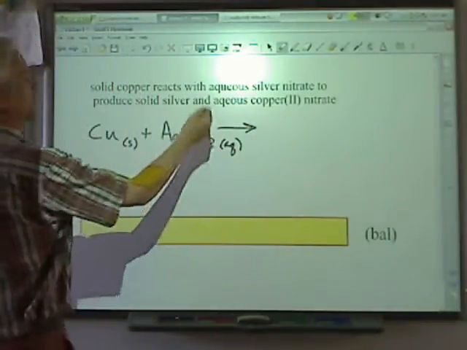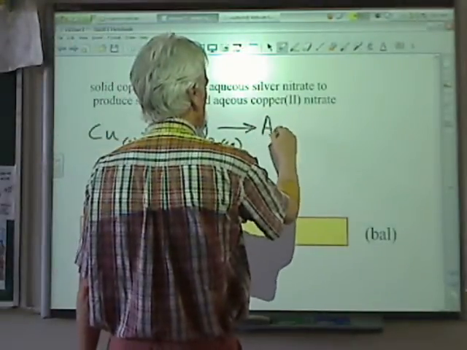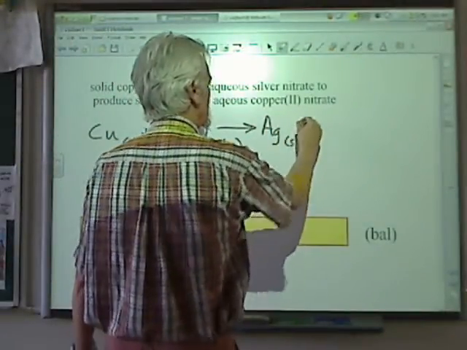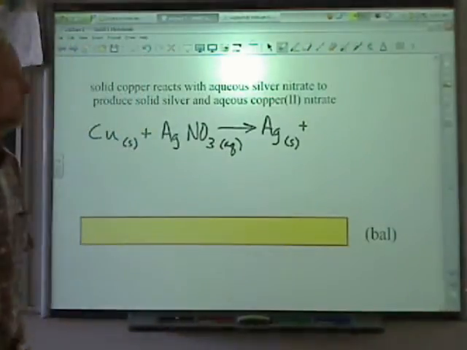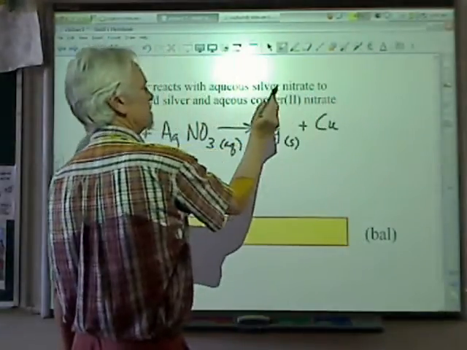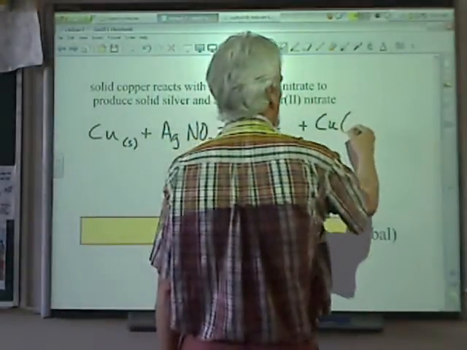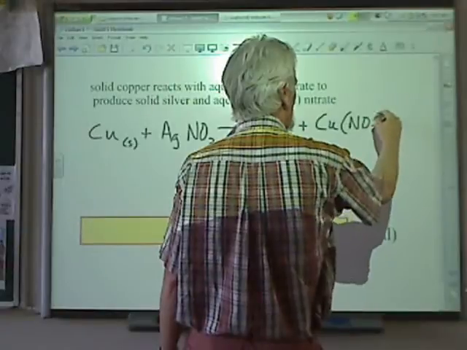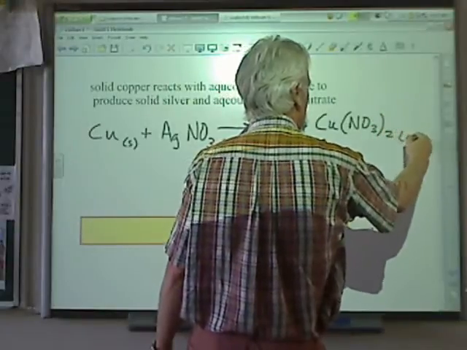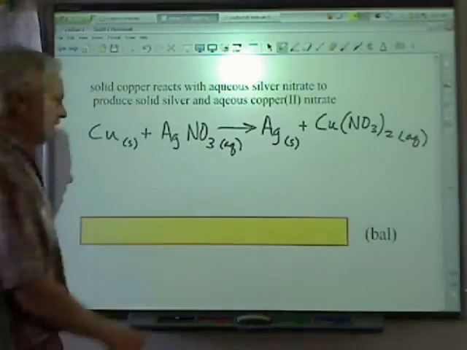Produces solid silver and aqueous copper(II) nitrate. Solid silver would just be Ag, s, and aqueous copper(II) nitrate, here Cu. But because copper has a charge of +2 and nitrate a charge of -1, we would have to write NO3 taken twice, and again aq, aqueous, for the phase there.